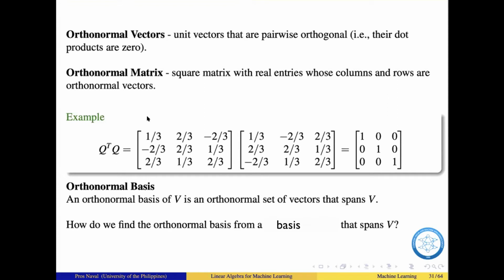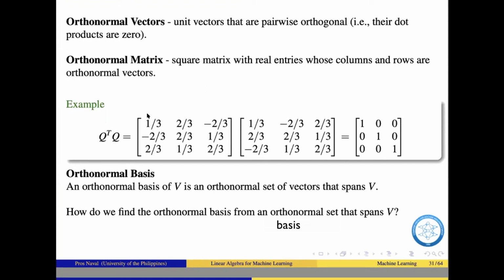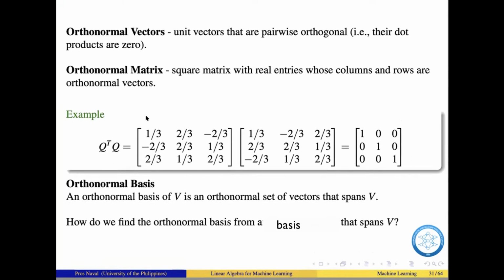So this is an example of an orthonormal matrix. If you multiply that by its transpose, you come up with the identity matrix.